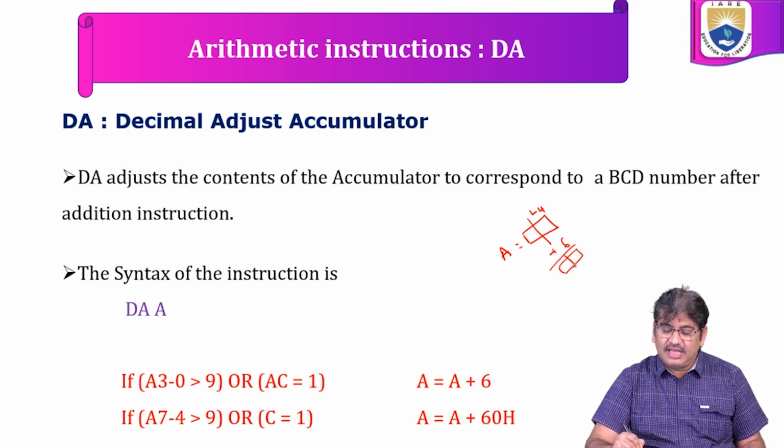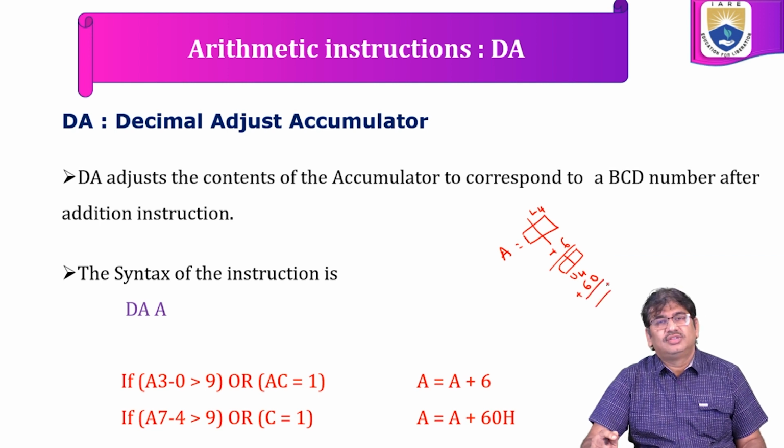After adding the 6, again we are going to check the upper 4 bits or the carry flag equal to 1. The upper 4 bits will be checked whether they are greater than 9 or not. If it is greater than 9 or the carry flag is equal to 1, then the accumulator contents will be added with 60H. This results in the packed BCD of the result, which exists in the accumulator.